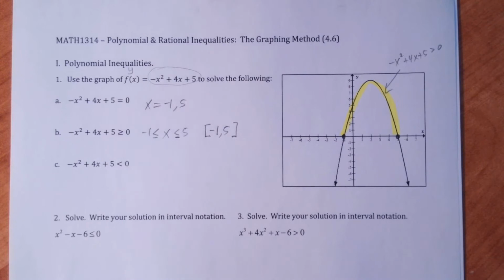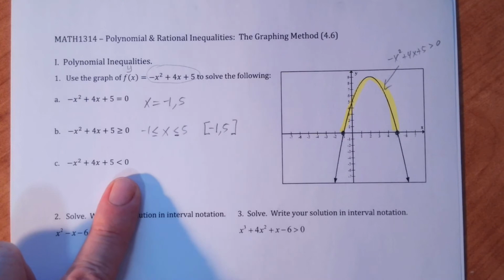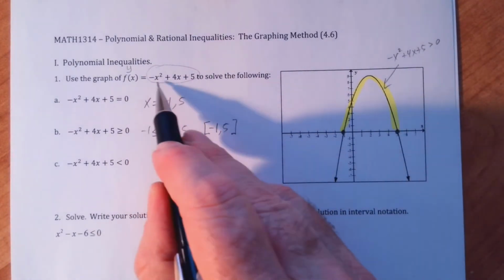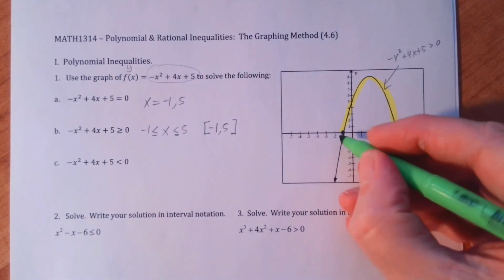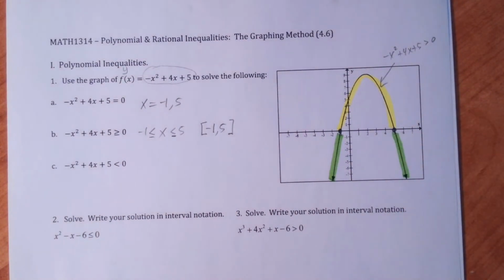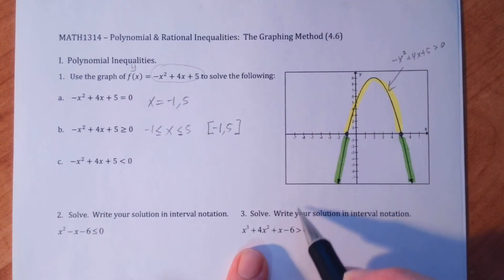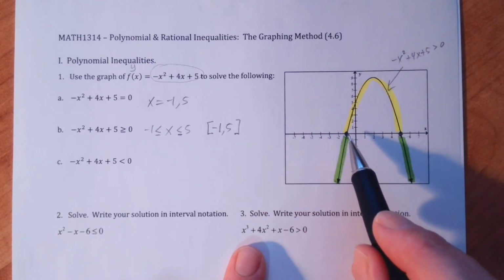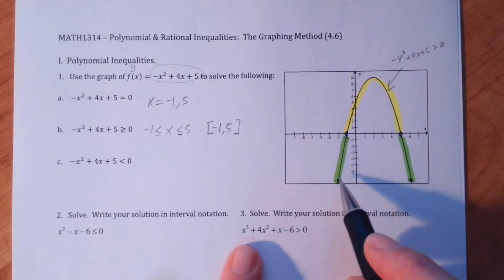All right? So now the last part here, it has minus x squared plus 4x plus 5 is less than 0. Well, remember, again, our y values, that is the value of the function here. So down here, the y values are negative, and they're here as well. So basically, keep in mind this goes forever left and down, so when x goes from negative infinity until x gets to negative 1, the value of the function is less than 0.